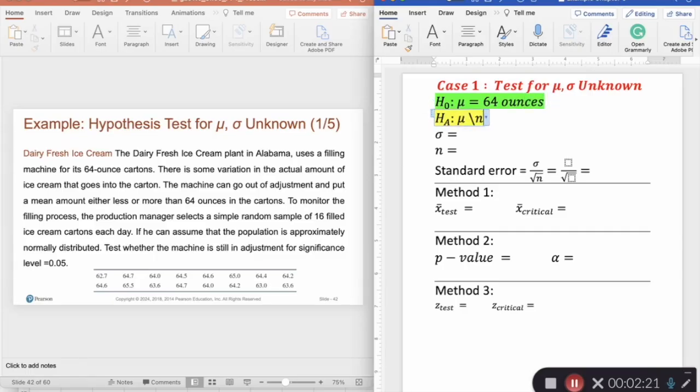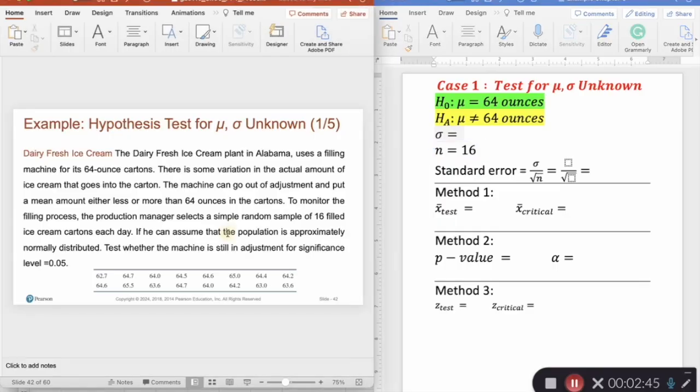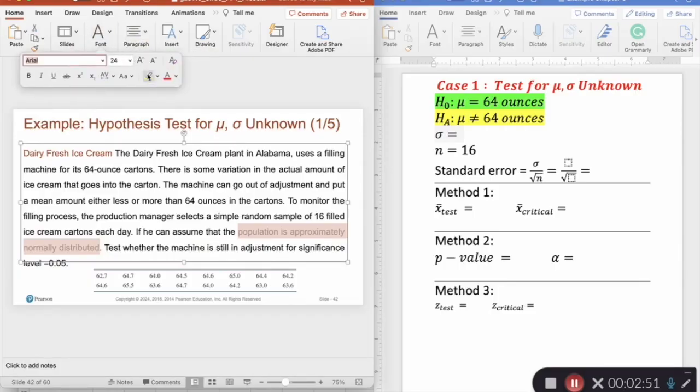If the machine is out of adjustment, the amount will be greater than or less than this. To monitor the process, the production manager takes 16 filled ice cream cartons each day, and he assumes the population is approximately normal. This is important to be met before we start doing the hypothesis testing.